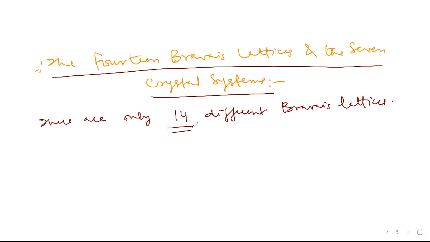And this reduction to a relatively small number is a consequence of the translational symmetry condition demanded of a lattice, right? In fact, it can be demonstrated that the requirement of translational symmetry in 2 dimensions restricts the number of possible lattices to only 5.